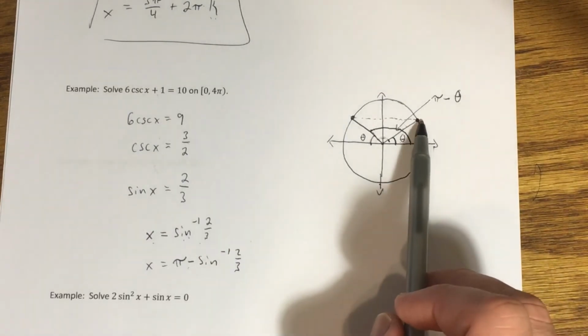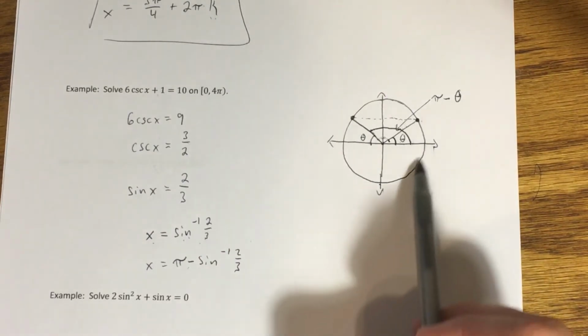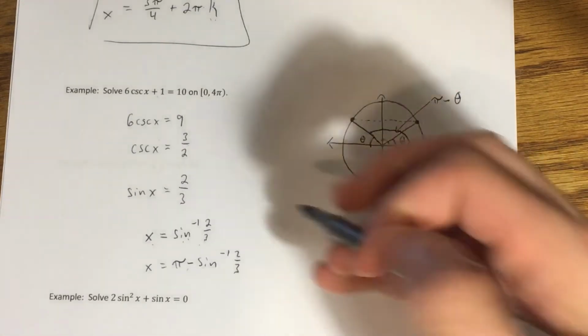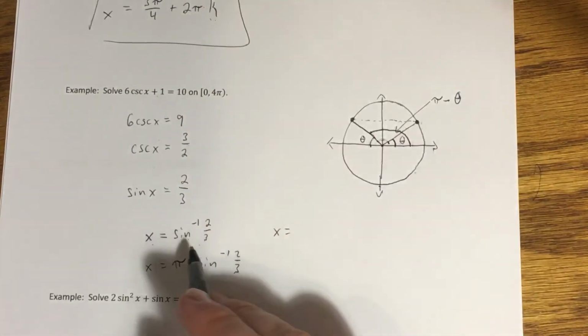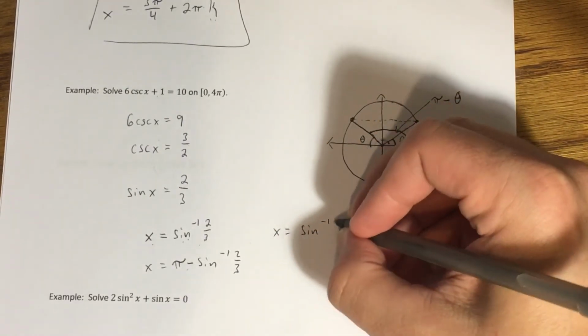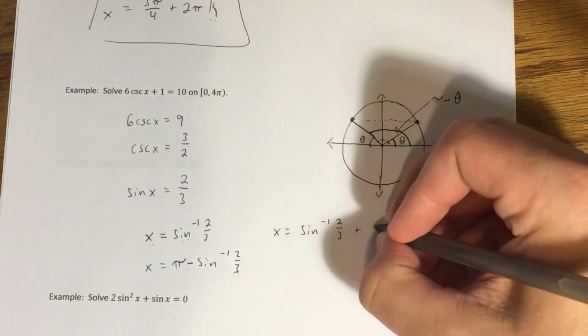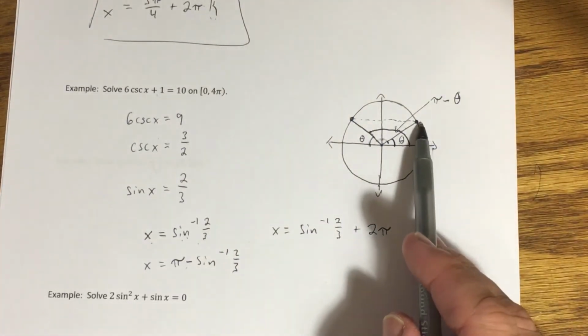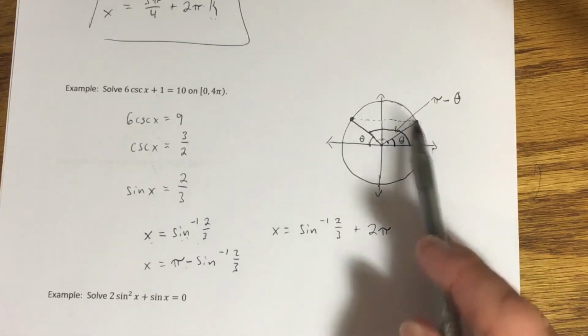So if I start at this point, to get to that next coterminal angle, I would just be adding 2 pi to this solution. x equals my previous solution, sine inverse of 2/3 plus 2 pi. That would be the angle that's coterminal to this after adding one more revolution.